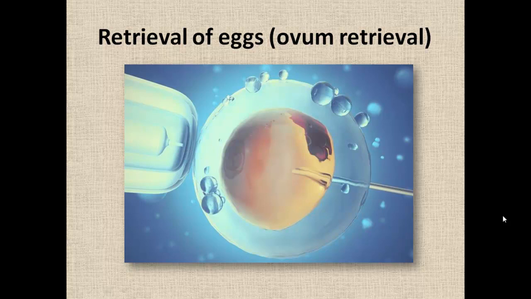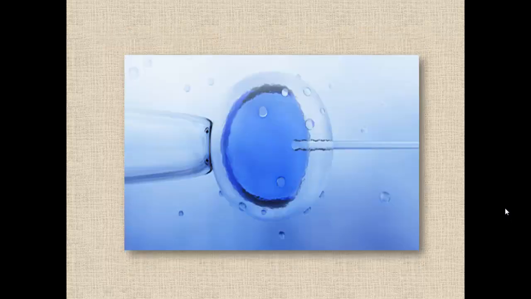Then a transvaginal ultrasound is performed to guide the doctor in taking mama's eggs. Egg collection is done using a needle that will suck the follicles in the ovaries. There will only be one oocyte per follicle taken from the ovary. This oocyte will then be taken to the embryology laboratory for fertilization.